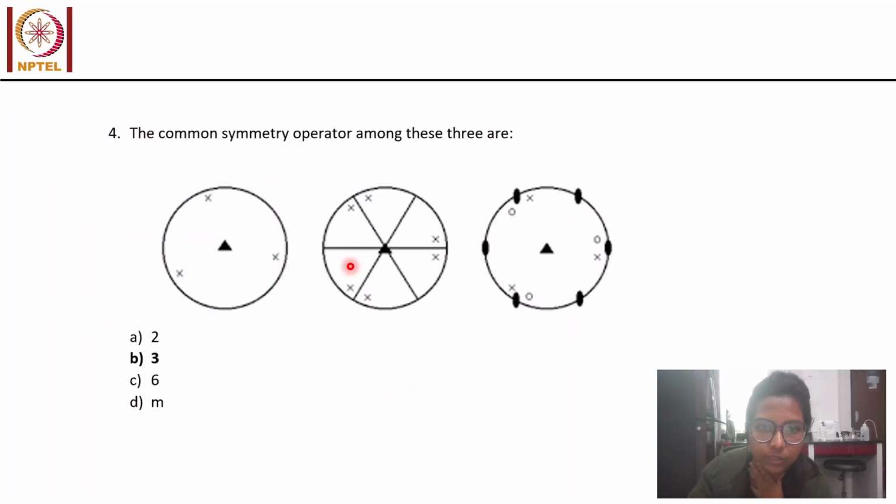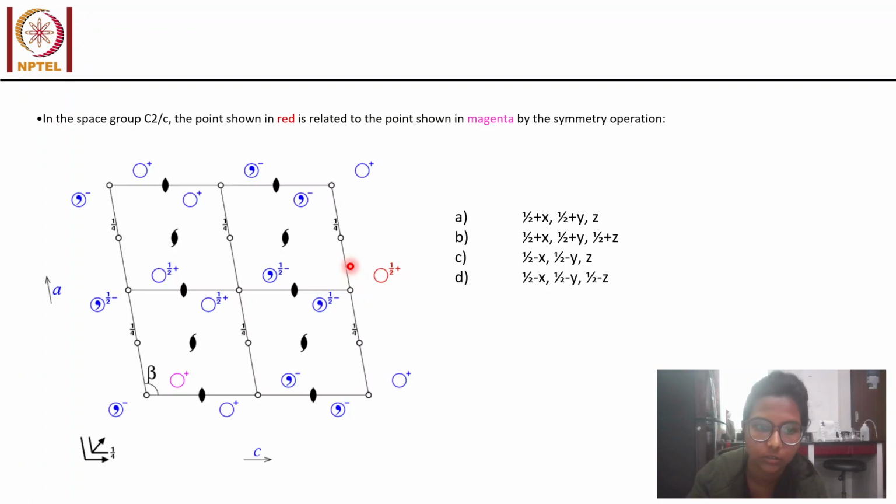Okay, so then we had this question. Z direction is along the plane of the screen. So this is Z direction 1, then Z direction 2 is somewhere here. Okay, so this is here.